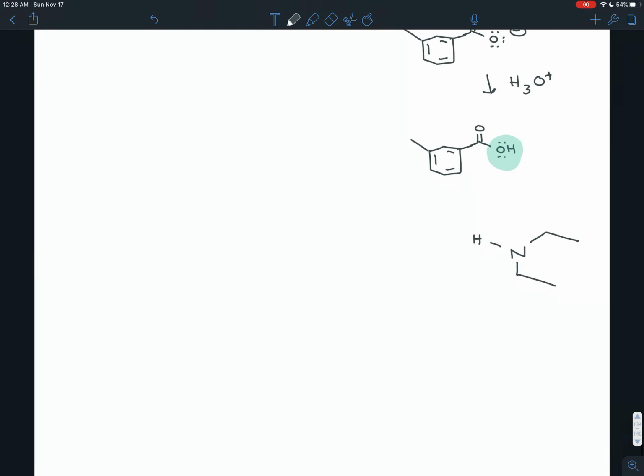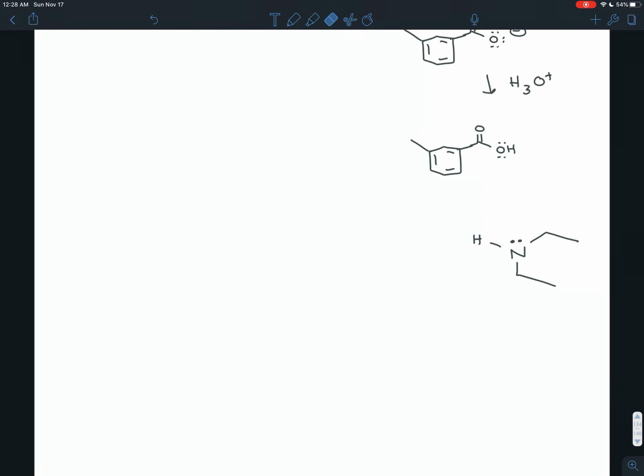So you can imagine that's our amine. But we can't just treat the carboxylic acid with the amine. That's for two reasons. One, the amine has that lone pair that's basic. This is just going to steal the acidic hydrogen from the carboxylic acid. It'll react with that before it attacks the electrophile.